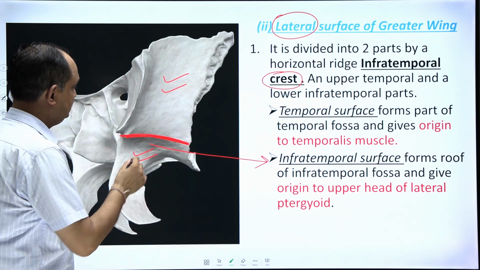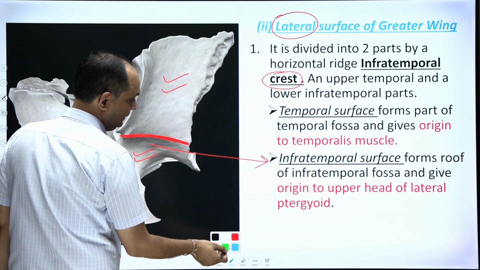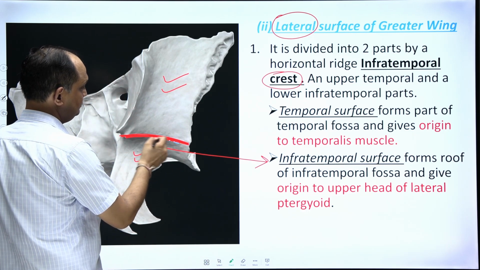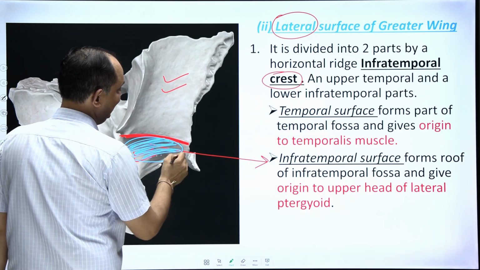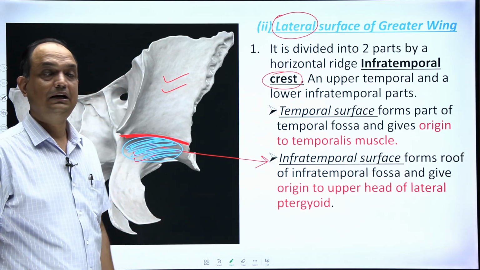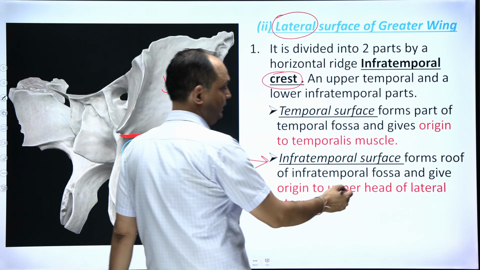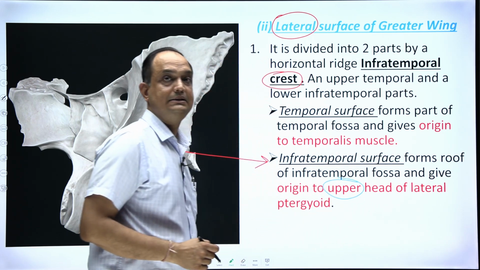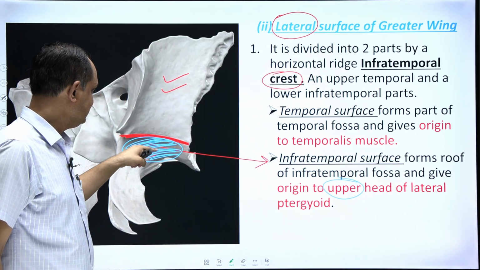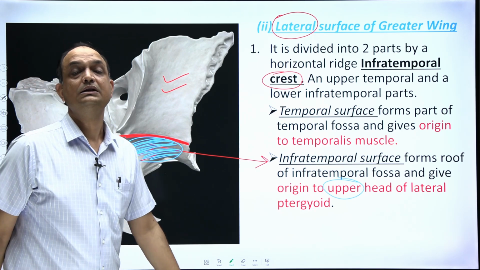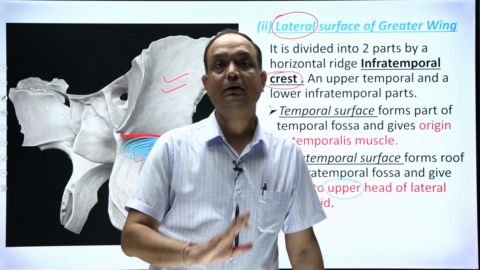Now dear students, this area is important because this area gives rise to the origin of an important muscle known as lateral pterygoid. Lateral pterygoid has 2 heads, upper and lower head. So the upper head arises from this infratemporal crest and adjacent infratemporal surface of the greater wing of sphenoid.